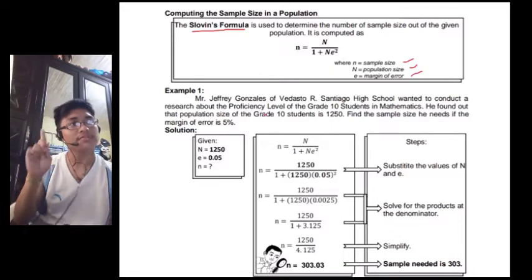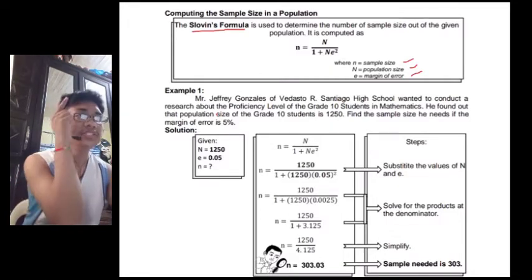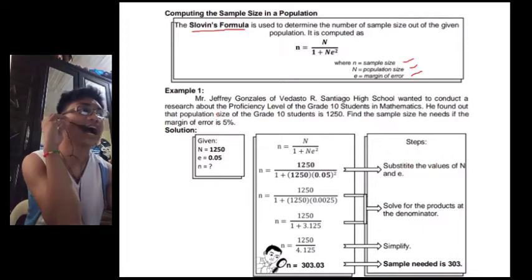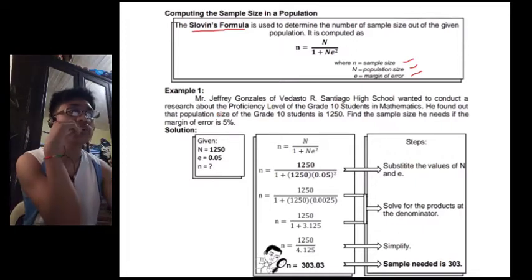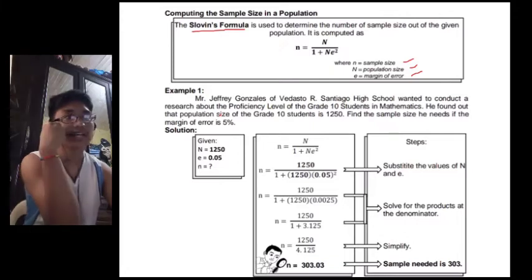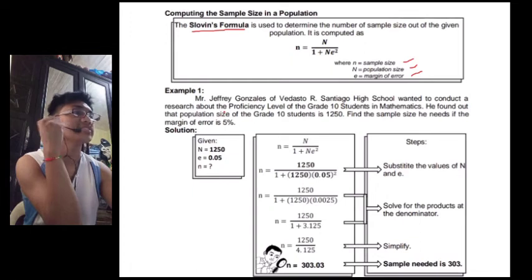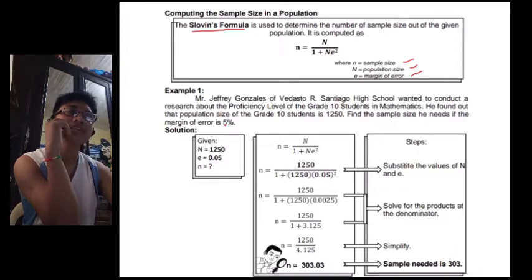Paano po kaya natin ito i-apply sa susunod na given? Okay, we have the first example. Mr. Jeffrey Gonzalez of Vedasto R. Santiago High School wanted to conduct a research about the proficiency level of the grade 10 students in mathematics. He found out that the population size of the grade 10 students is 1,250.